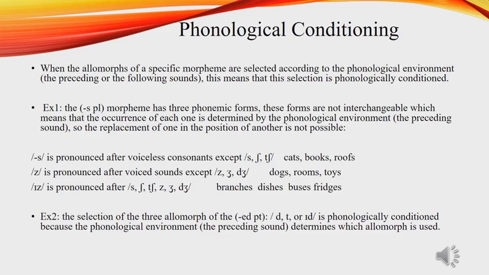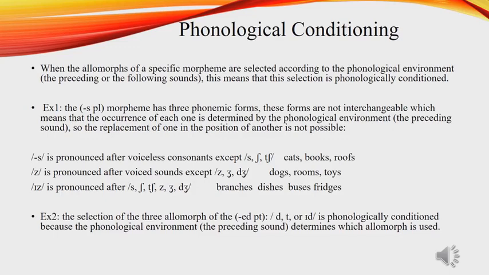The ed is pronounced as /t/ only when the verb ends with a voiceless consonant except /t/. Only in this case, the ed is pronounced as /t/. So this allomorph is used only when the verb ends in a voiceless consonant except /t/.